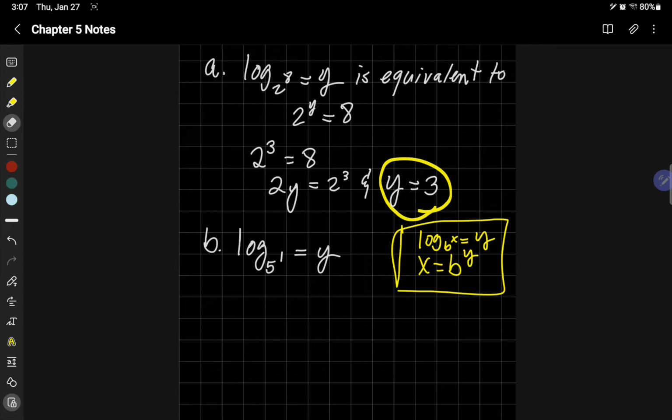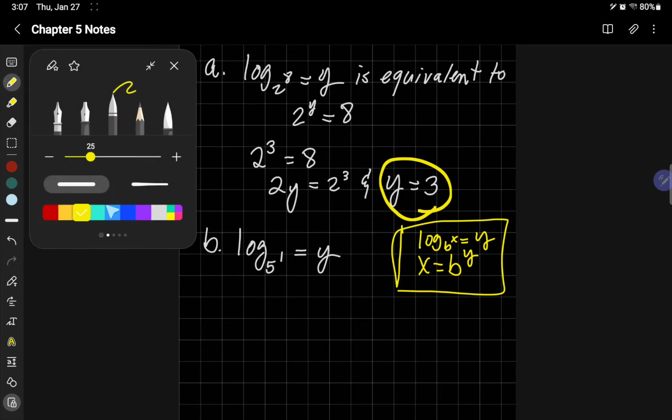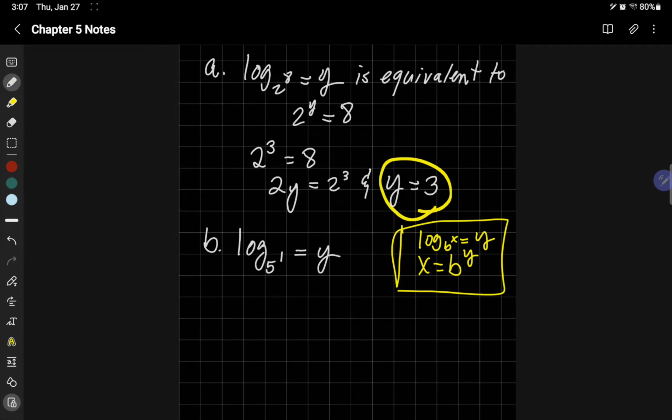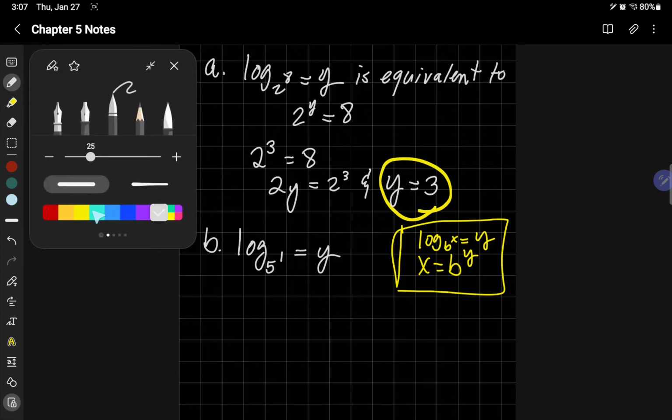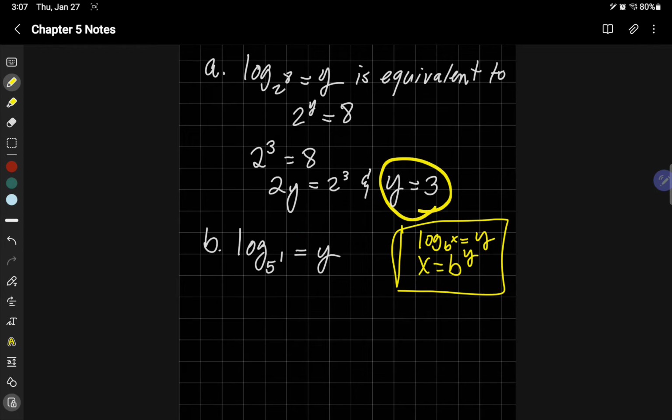Okay, so here we go. So we're looking at this. This is the base. This is x. So let's see. Don't want to be confused. So this is x. This is y.